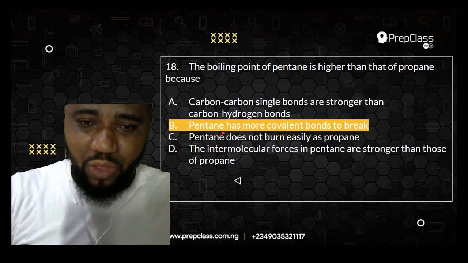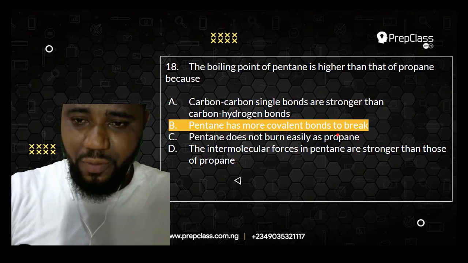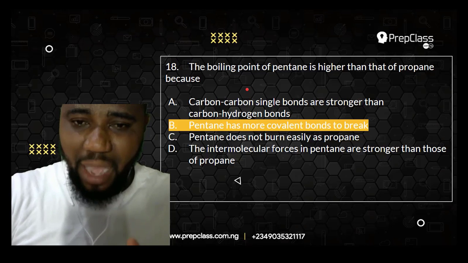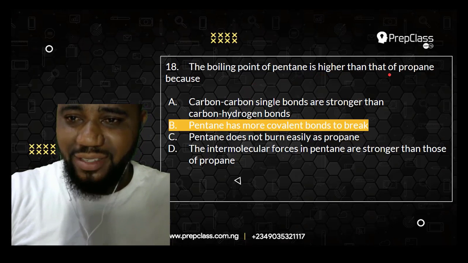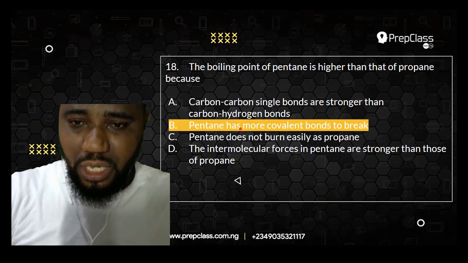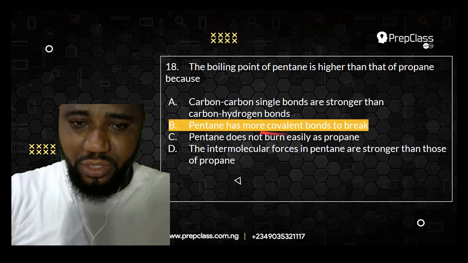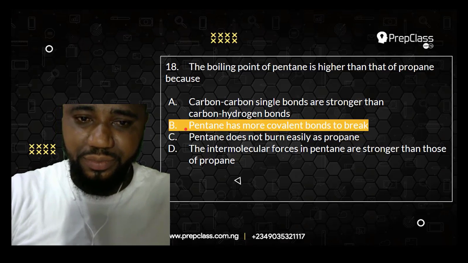So the correct answer to that question is because pentane has more covalent bonds to break. Because it has 5 carbon atoms, whereas propane has 3 carbon atoms. So because pentane has 5 carbon atoms, it has more covalent bonds to break than propane. So the correct answer is B.